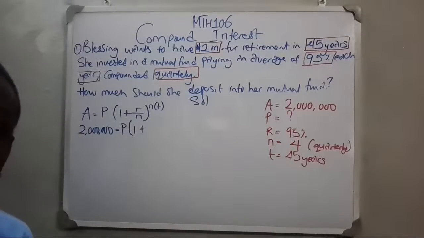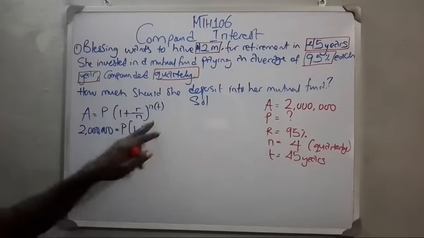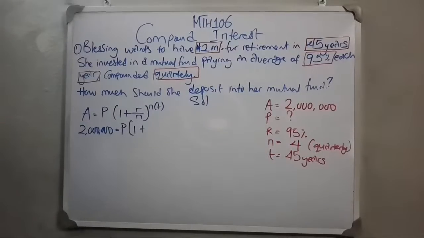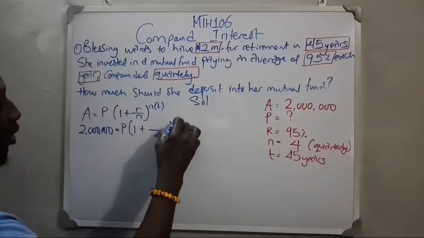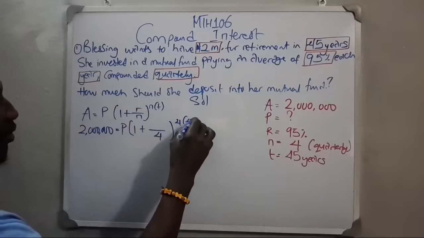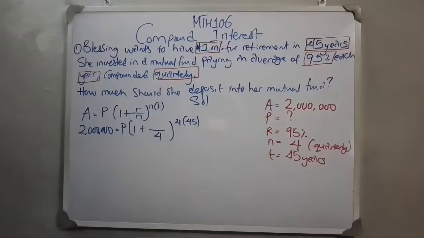If you have a calculator, what should 95% be? We know our n already. Our n is 4, and we have 4 into bracket 45.